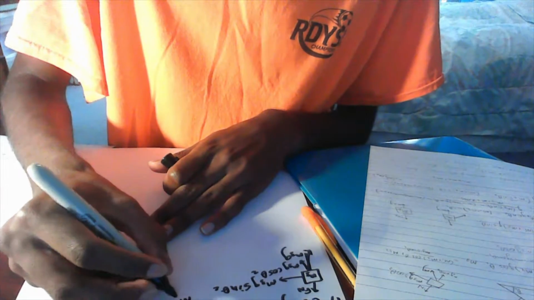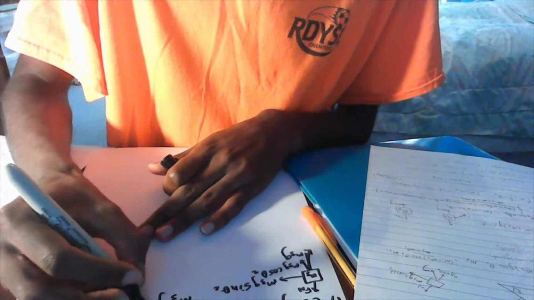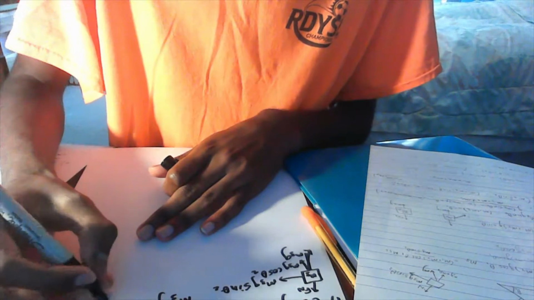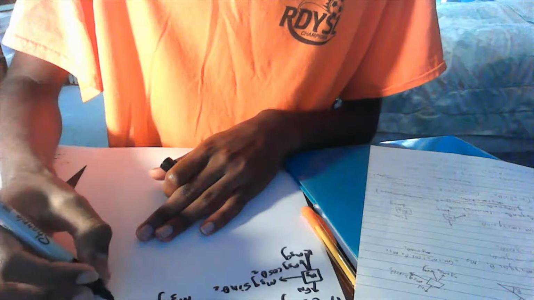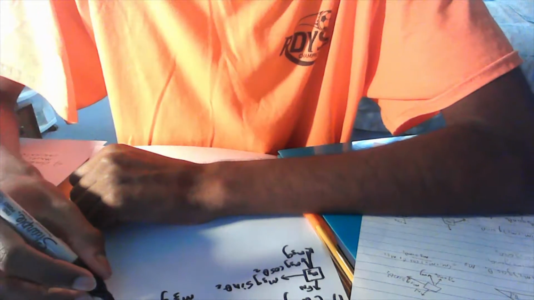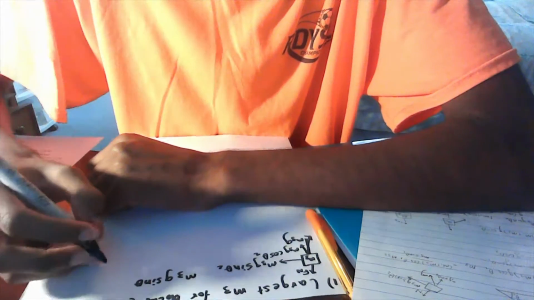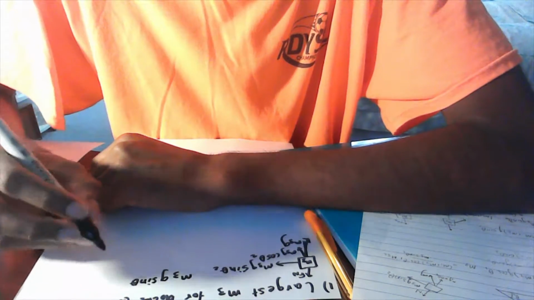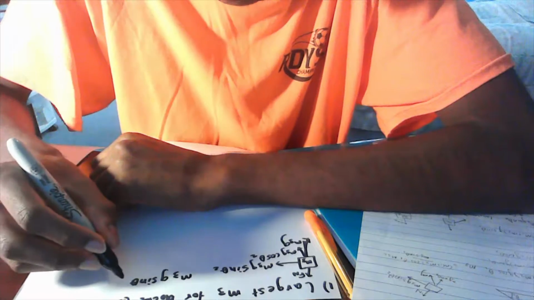So m3 g sine of theta 2 has to be less than the maximum force of friction, but it has to be equal so there's no acceleration the other way as well.